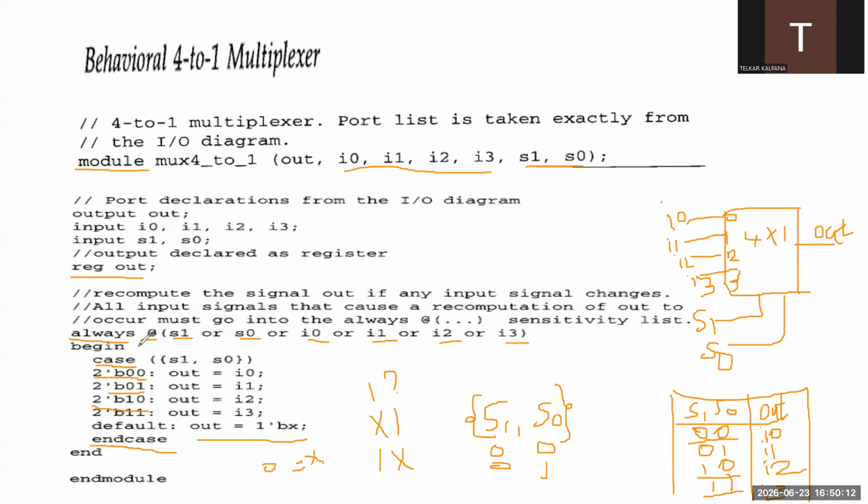And starting with module, we end this module with endmodule. In this way, we write a program in the behavioral model. This program is written for a 4 by 1 mux using the case statement. We can use the conditional if statement also, while, and loop statements. These are the different statements used in behavioral modeling. Here in this example, the case statement is being used.